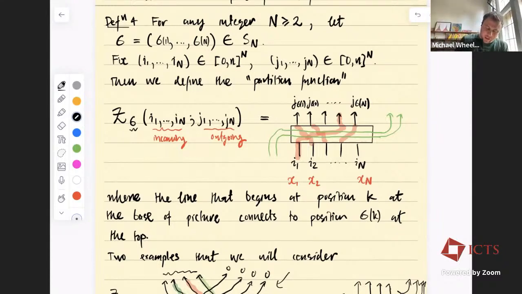Yeah, I need to check actually. On top, you should write J sigma inverse of 1 with that convention. Yeah, I'll need to clear this up, but thank you for pointing that out.